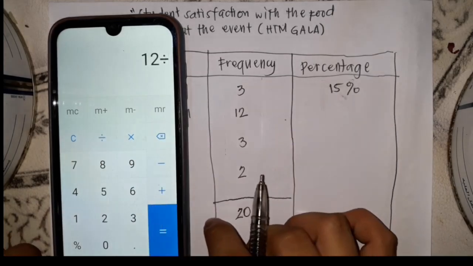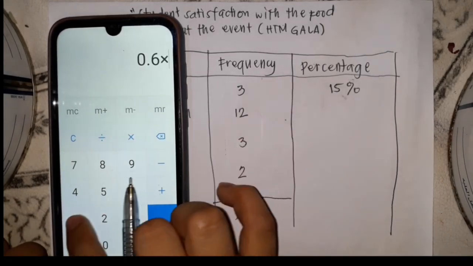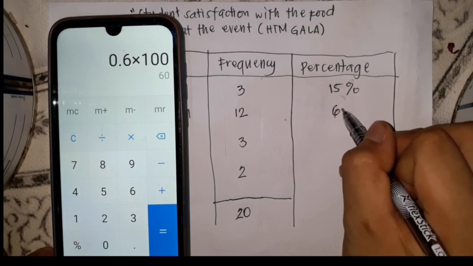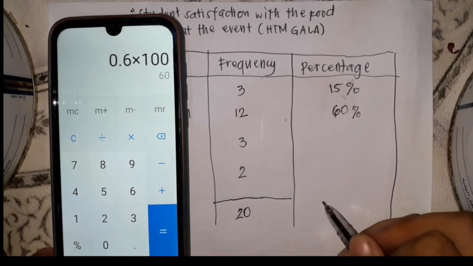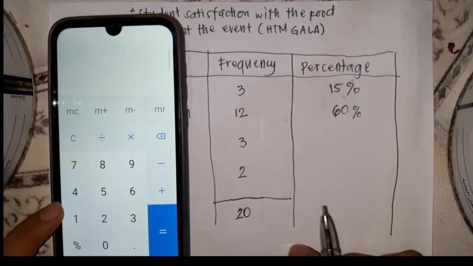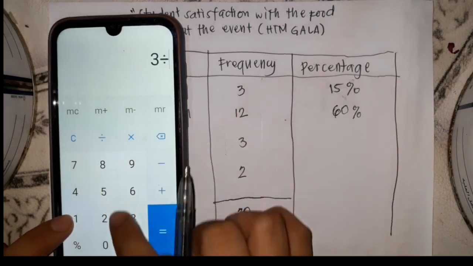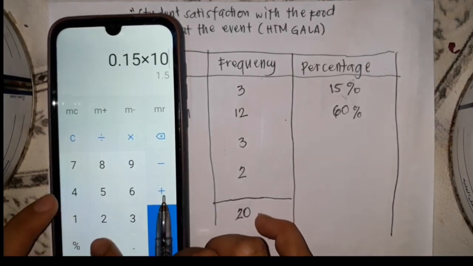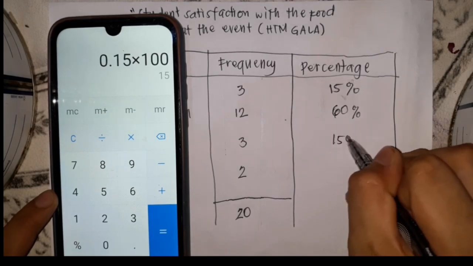12 divided by 20 times 100 is 60%. 3 divided by 20 is 0.15, times 100, 15%.